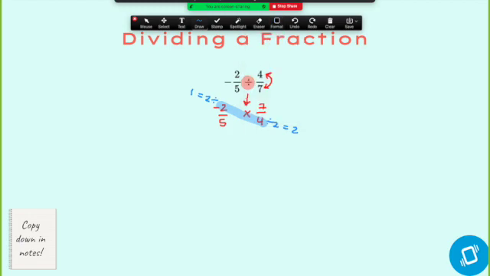So my new fraction is going to be negative 1 over 5 times 7 over 2. When I multiply together, I get negative 1 times 7 over 5 times 2. So that would equal negative 7 over 10, and that would be my answer.